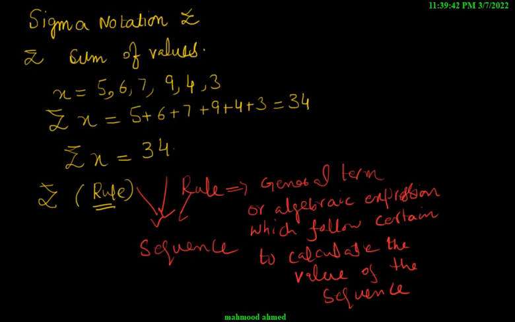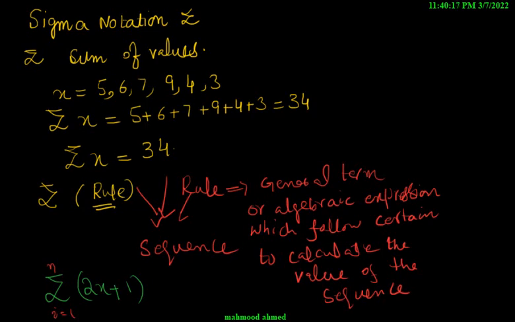and for this case it is written like this: 2x plus 1, and you see that there is written i is equal to 1 and n. Now it is very important to understand this notation.